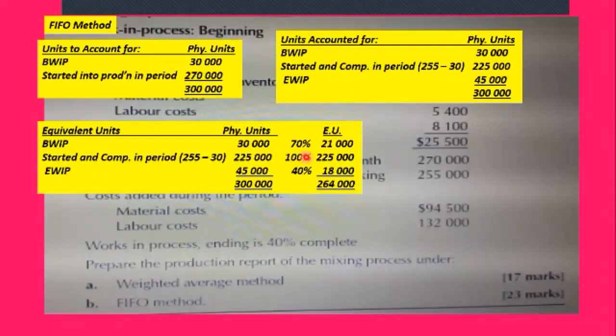So they are whole units, and we bring it across here. And then work in process of 45,000, as we calculated here, and that is 40% complete, 18,000. We add it up, we get 264,000.